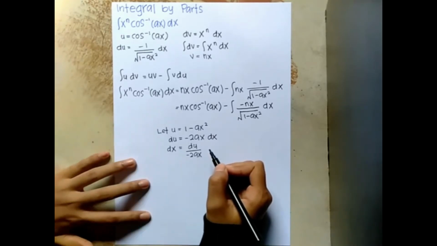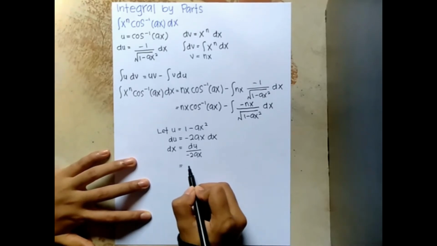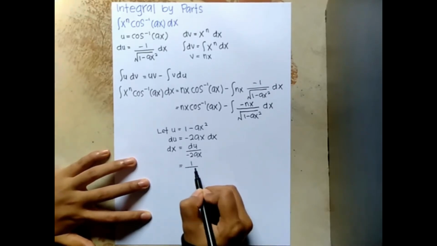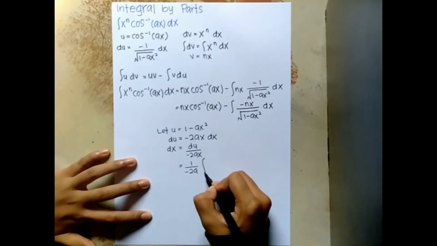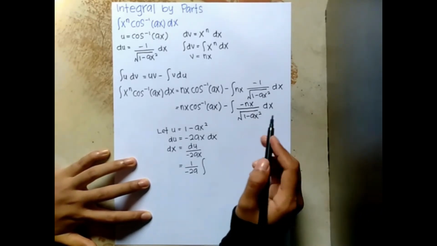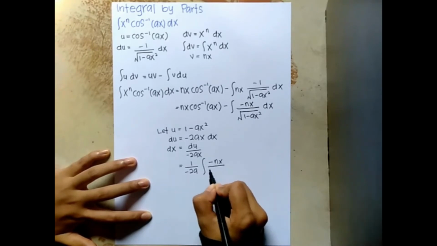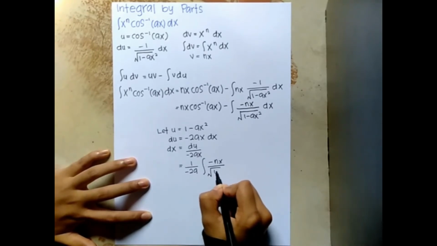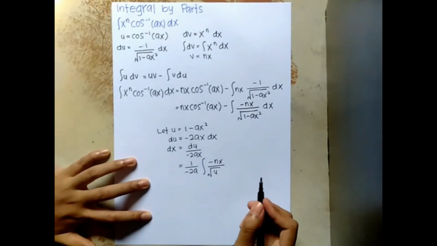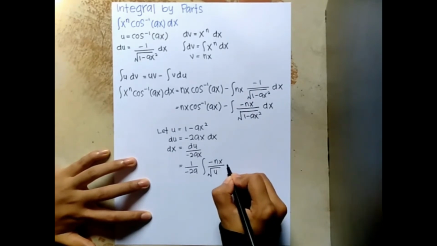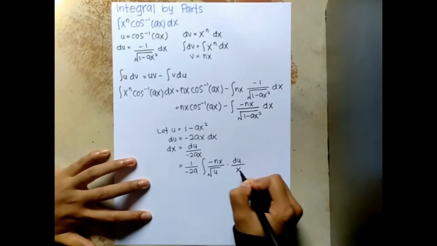And next we will take out the negative 2a, which is we get 1 over negative 2a, and then we will times with this one, which is we will get negative nx over square root of u, which is we substitute this one with u, and then times du over x.